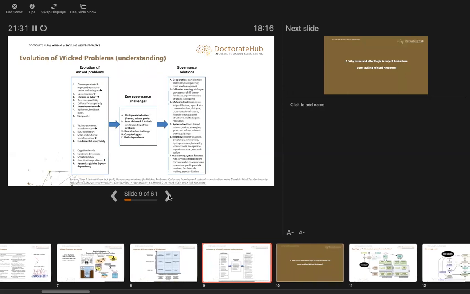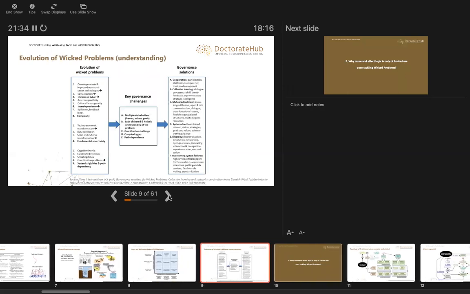And there's also different understanding of what wicked problems are and how to work with them. Now, if you're new to wicked problems, then you start rather from the left side here of this evolution of wicked problems, and you would work your way perhaps through that list to understand how the wicked problem has come along.